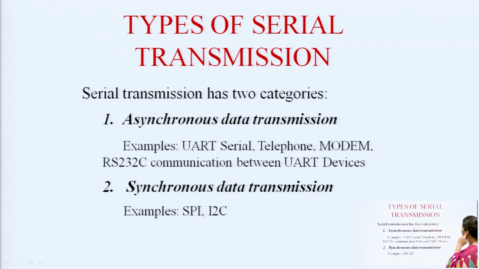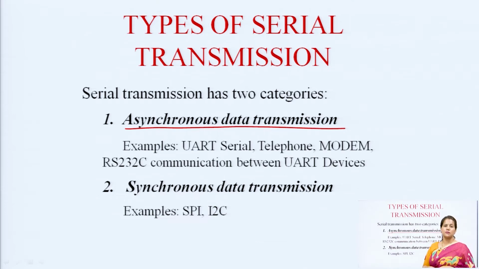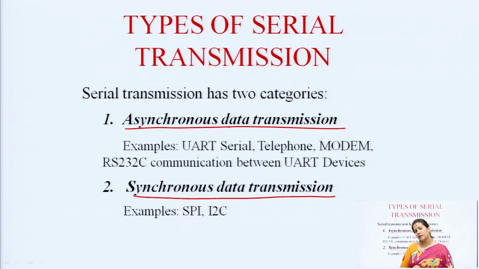So, let us go into some details of serial communication. There are two categories of serial communication. The first one is asynchronous data transmission and the other is synchronous data transmission. When we talk about asynchronous data transmission, what do you understand by the term asynchronous? That means there is no synchronization in the transmission, and when there is no synchronization, it means there is no clock.